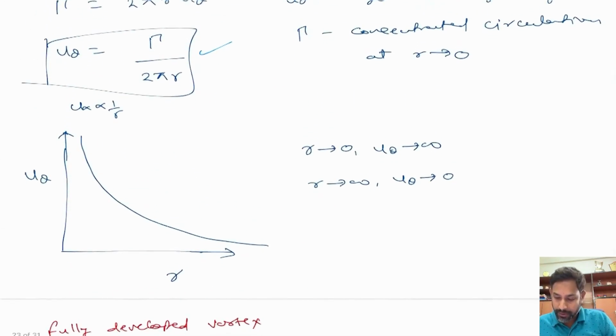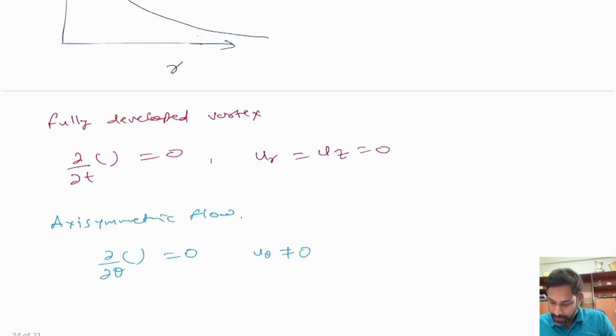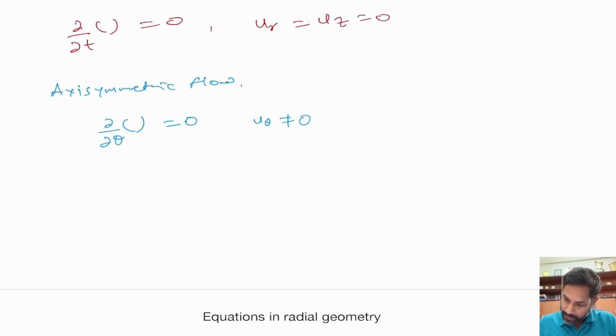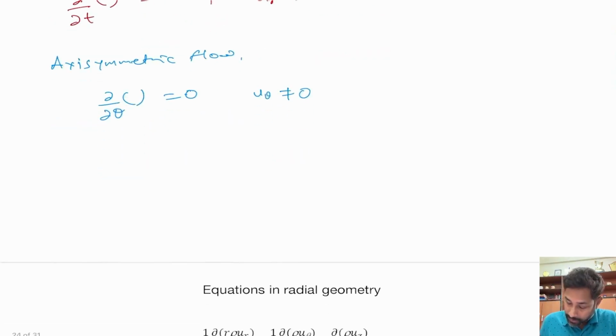This is your angular velocity, which is constant, and your d by d theta is equal to 0. All right, and now z value, gravity, right, that is g. We'll assume that is 0, 0, minus g, so there is g in the z direction and 0 in other directions.